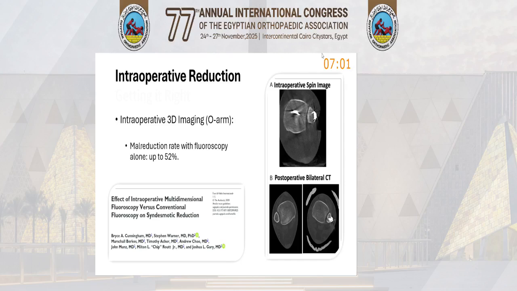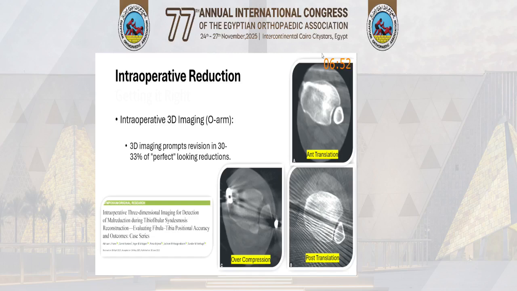So what you can see in the C-arm as anatomical reduction, in this study they are saying that after reduction using fluoroscopy and finding that everything is nice and anatomically reduced, when they used the O-arm they found anterior translation in some cases, posterior translation in other cases, and over-compression in other cases. And they needed to do revision in 33% of what they thought were perfect-looking reductions on the C-arm.